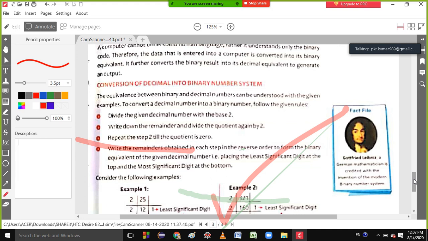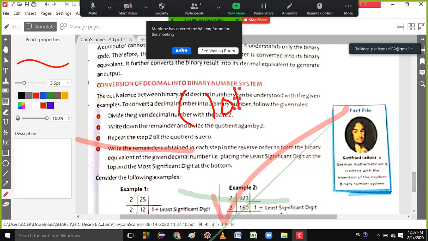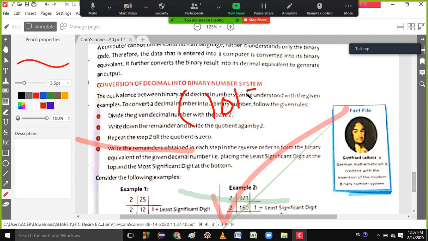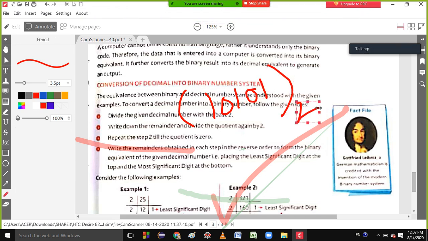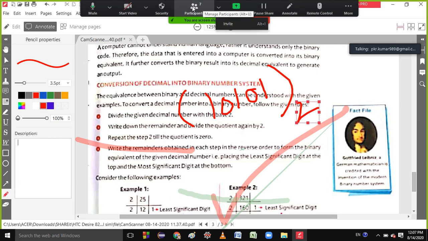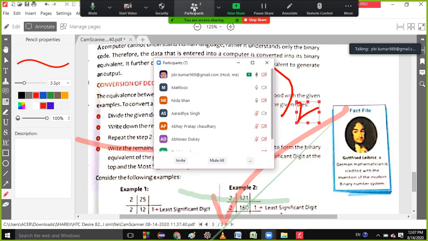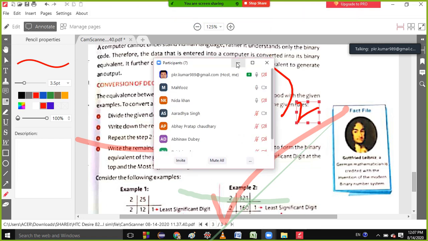As I informed you, the decimal number is made by 10 digits, so it has base 10. In the same way, the binary number is made by 2 digits, so the base will be 2.